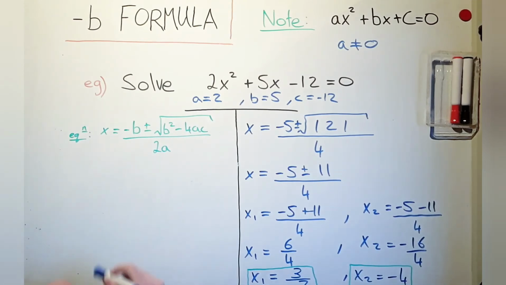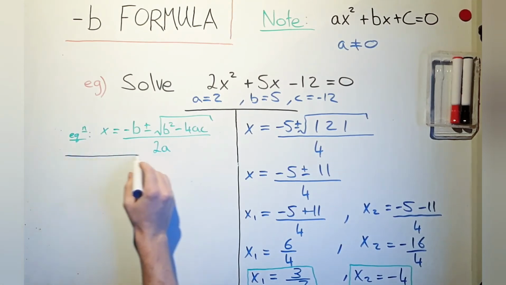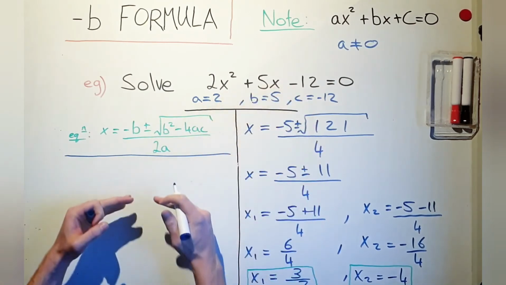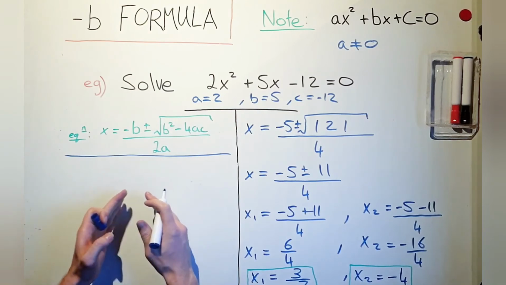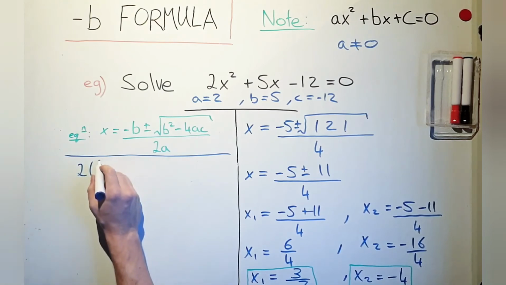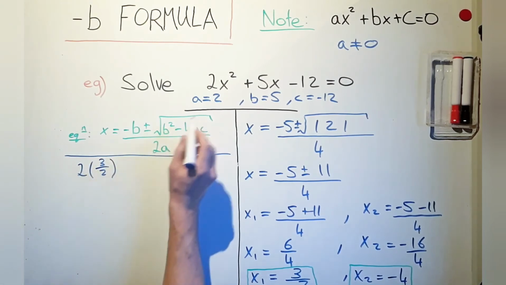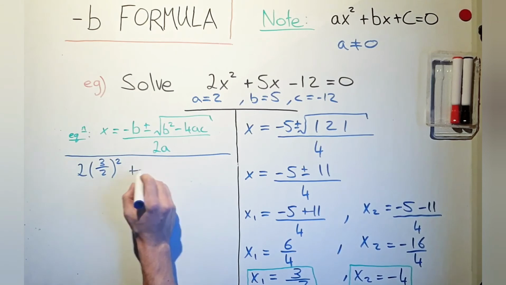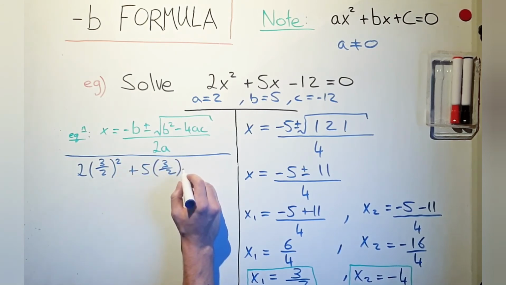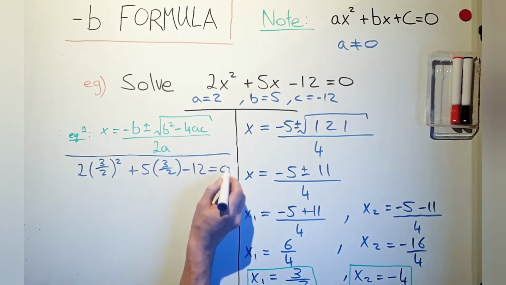I just cleared some space over here because I thought we may as well check to make sure our answers are correct. So firstly we'll plug in x1. Again, to check that the results are correct, we're going to put x1 in for all of x, and we're hoping that the equation will cancel out, i.e. 0 equals 0 at the end. So we get our 2 and we plug in our value, which is 3 over 2, and don't forget that's to be squared, and we have a plus 5 multiplied by 3 over 2, and then we have a minus 12 equals 0.